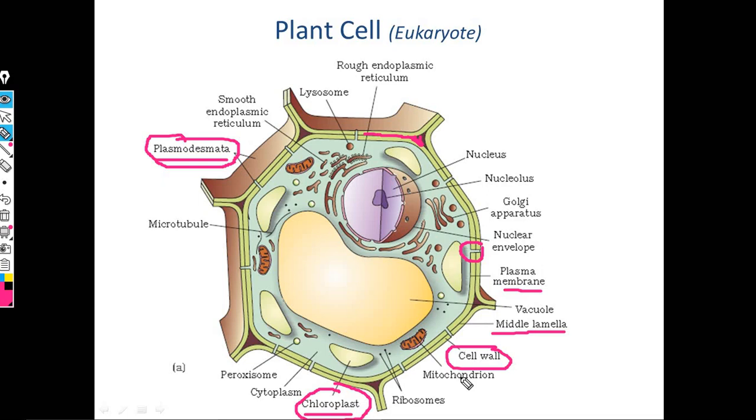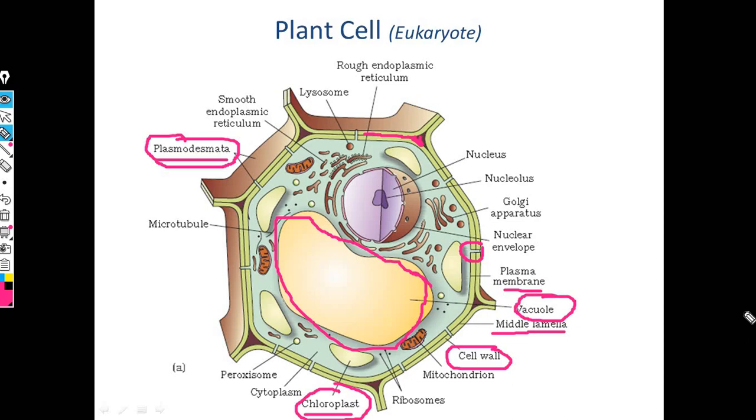Middle lamella, cell wall, plasmodesmata, chloroplast, these are structures which are absent in the animal cell and present in the plant cell. Also check that the vacuole is quite a large structure, almost occupying 40-50% of cell size. So it is always a well developed structure in a plant cell.